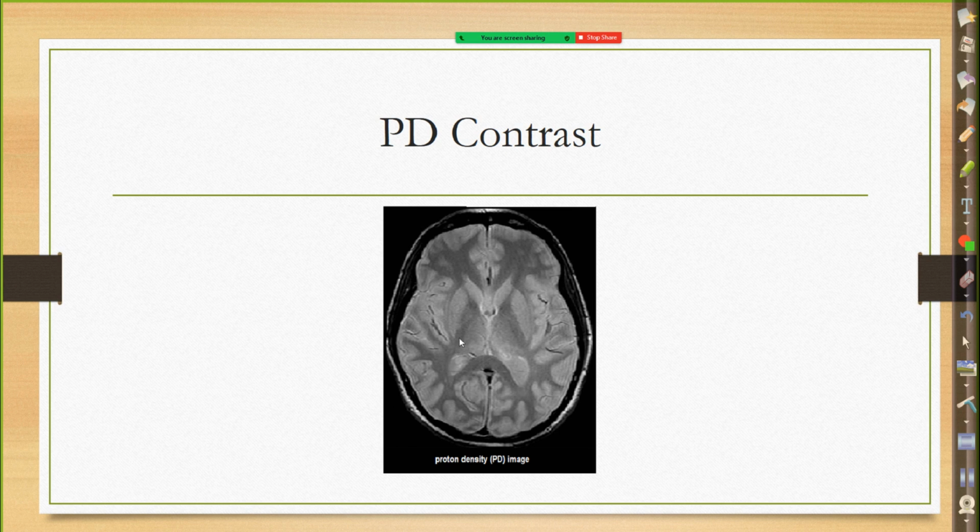So white matter actually has less hydrogen spins because they have these things called white matter tracts usually in those areas. But the gray matter actually has more hydrogen spins. But once again, proton density, I call it a grayscale image because a lot of the tissues are kind of just intermediate. And the fluid specifically has a grayish tint to it.